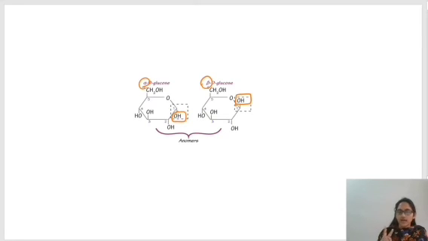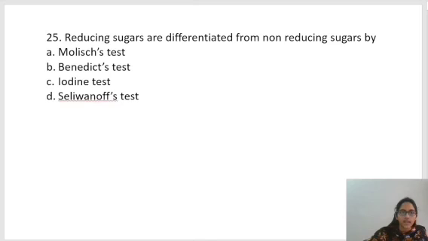So these two are anomers, alpha and beta variety, depending upon the orientation of the OH group above or below the plane of the molecule. So do you think glucose and galactose are anomers? No. For glucose itself there are alpha and beta anomers. And finally, reducing sugars are differentiated from non-reducing sugars by which test?